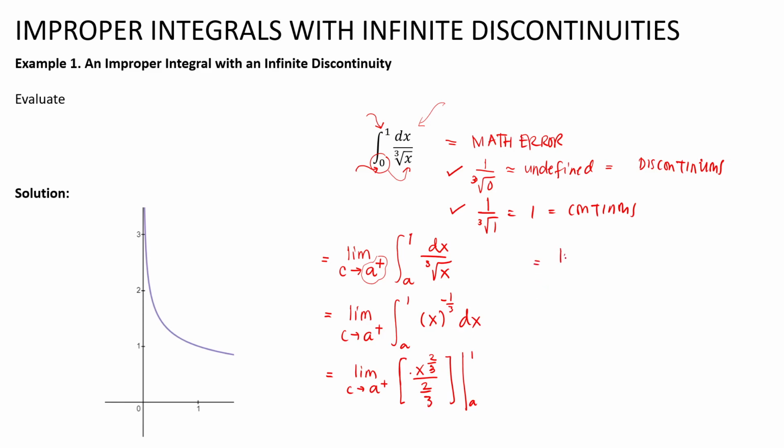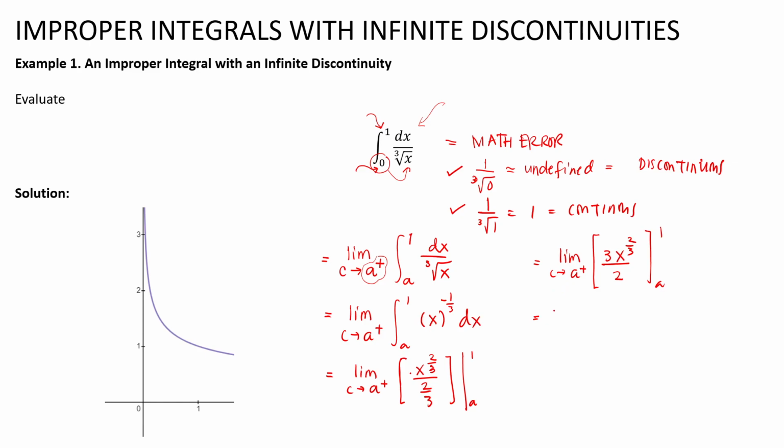So this gives us the limit as c approaches the right-hand side of a, and then you have 3x raised to 2/3 all over 2, with the limit from a to 1.